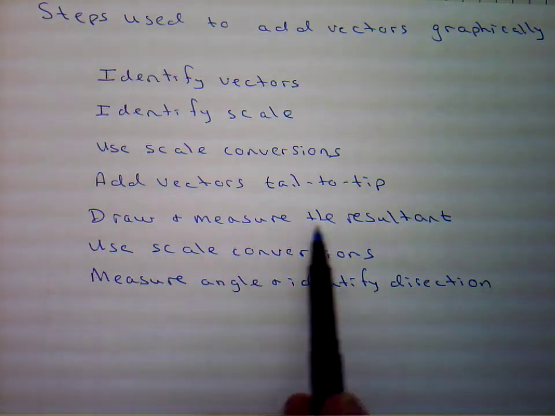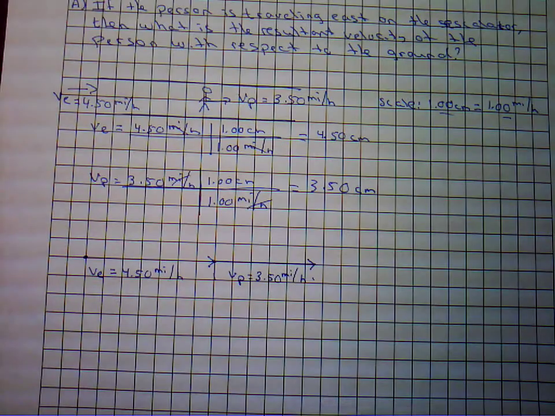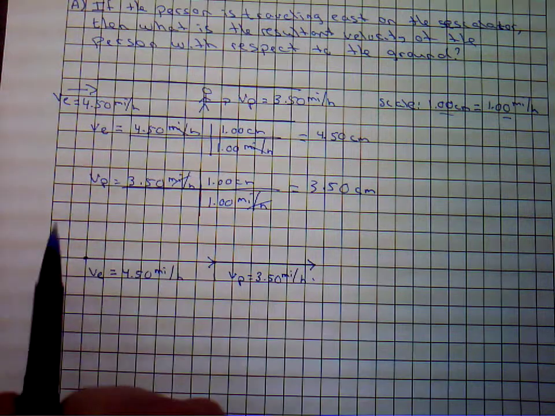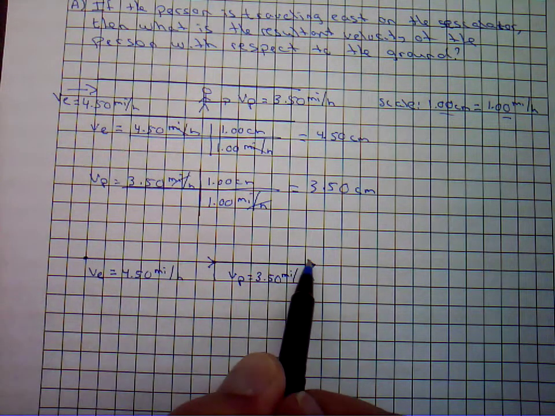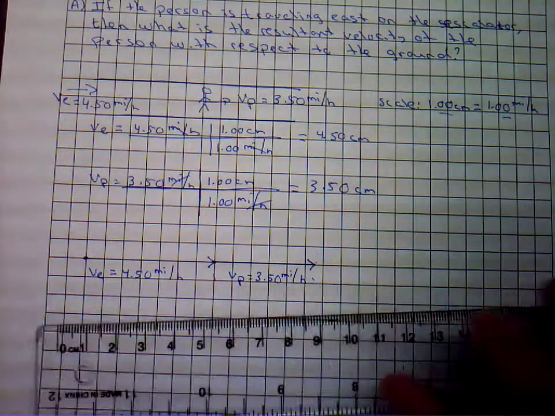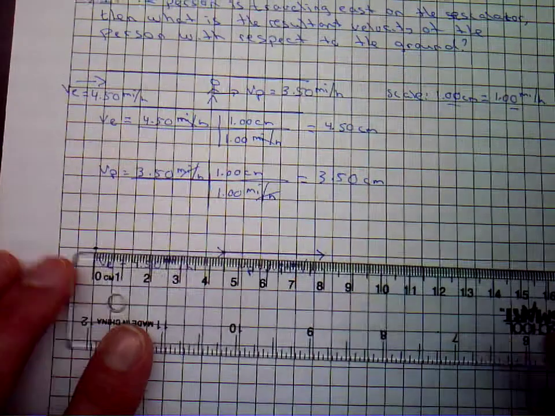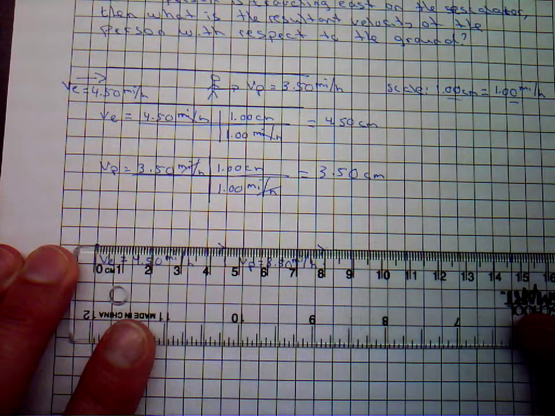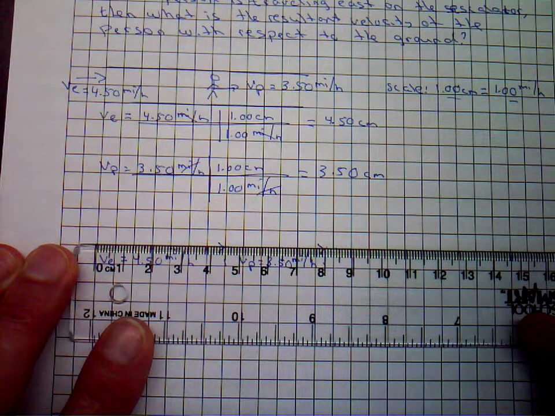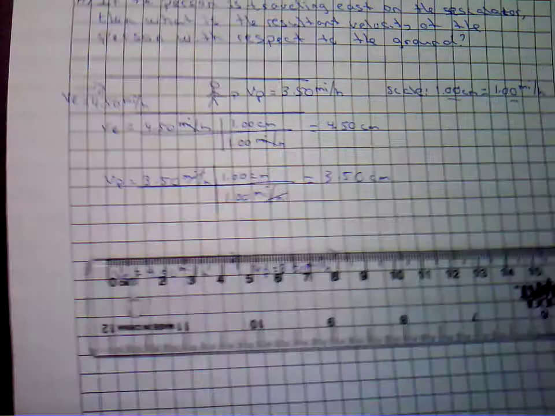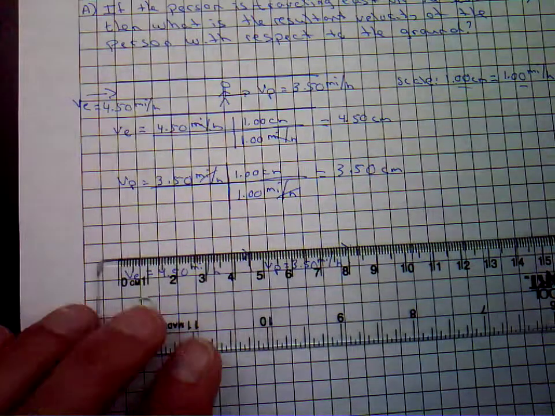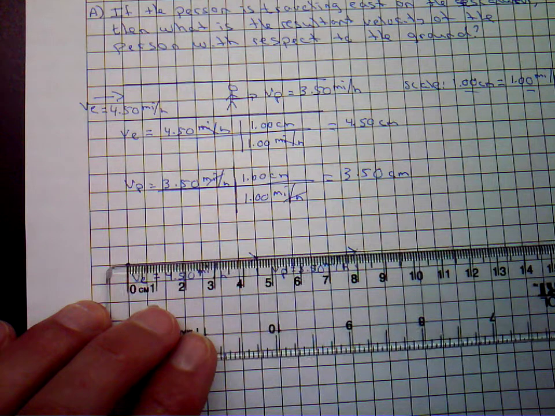We've added the vectors tail to tip. We now draw and measure the resultant vector. Remember, the resultant vector is drawn from the tail of the first vector towards the tip of the last vector added. So I'm going to put my ruler up here, start at 0, and I'm going to draw the resultant vector all the way from the tail of the first vector to the tip of the last vector added. I want to make sure I'm as precise and accurate as possible.